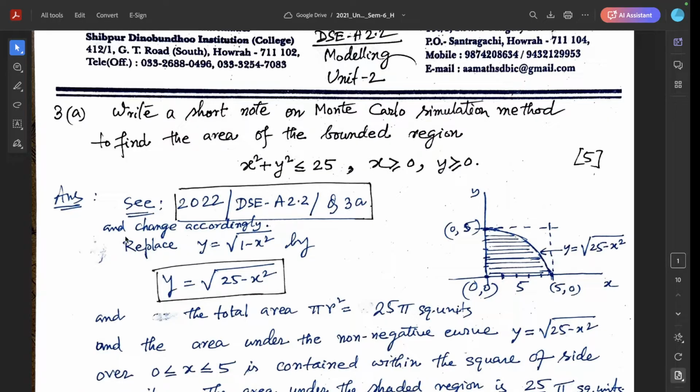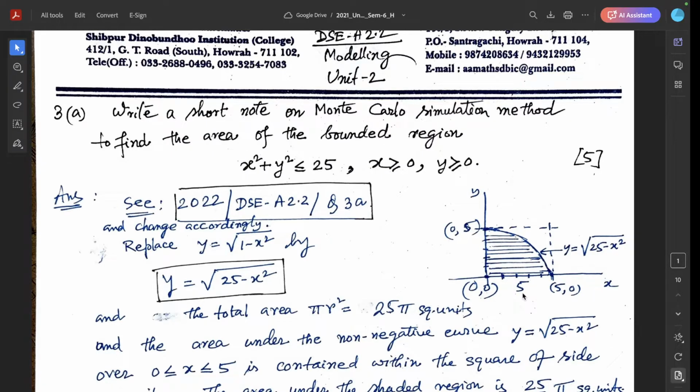So change accordingly and replace this non-negative curve y = √(1 − x²) by y = √(25 − x²). The total area under this circle, with center at the origin (0, 0) and radius 5 units, is πr², that is 25π square units.